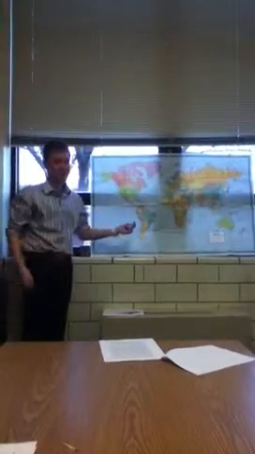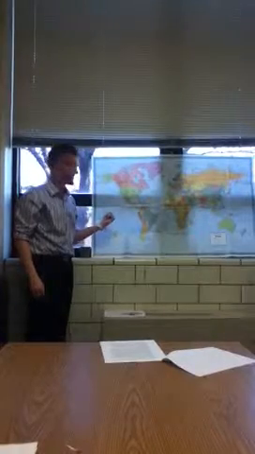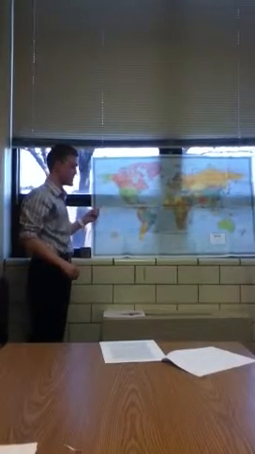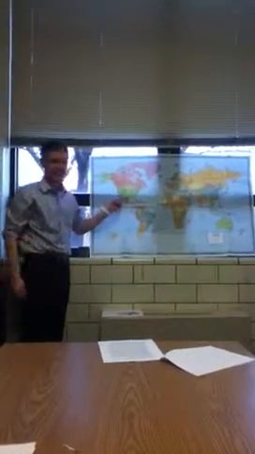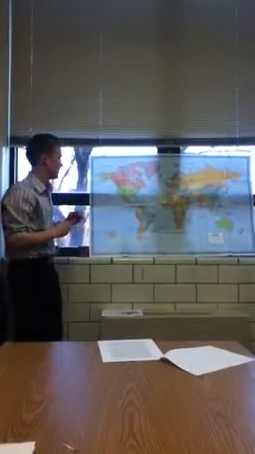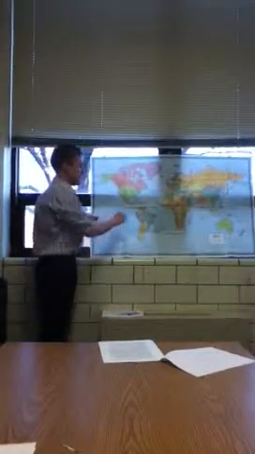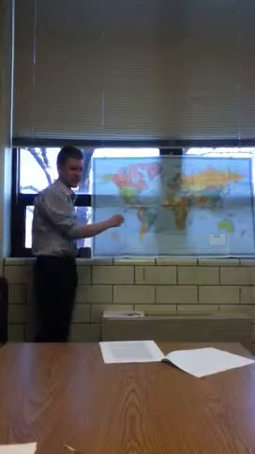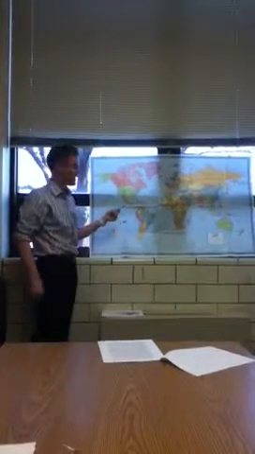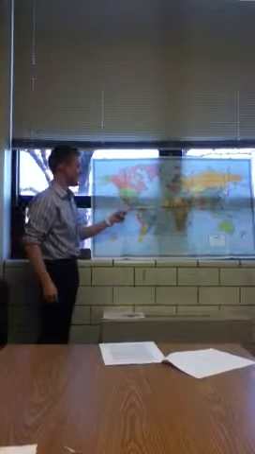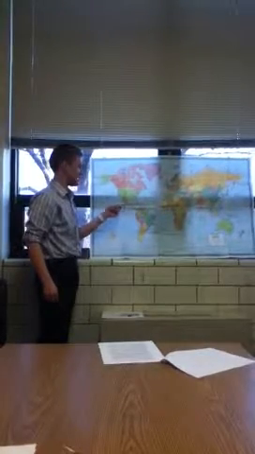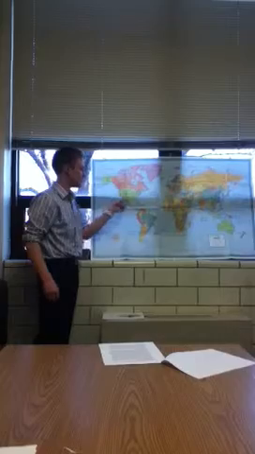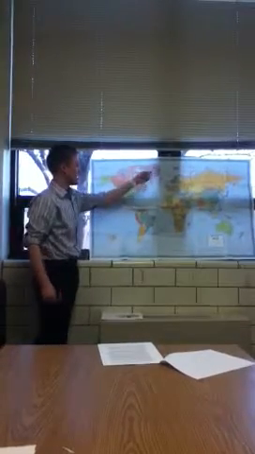Oh, we also can't forget about Hawaii, all the way out here. This is also part of North America because it's considered part of the United States. We also can't forget about the Caribbean either. Central America and the Caribbean both have a lot of countries in them, so we're just going to focus on the major ones, like I said: Mexico, the United States, Canada, and Greenland.